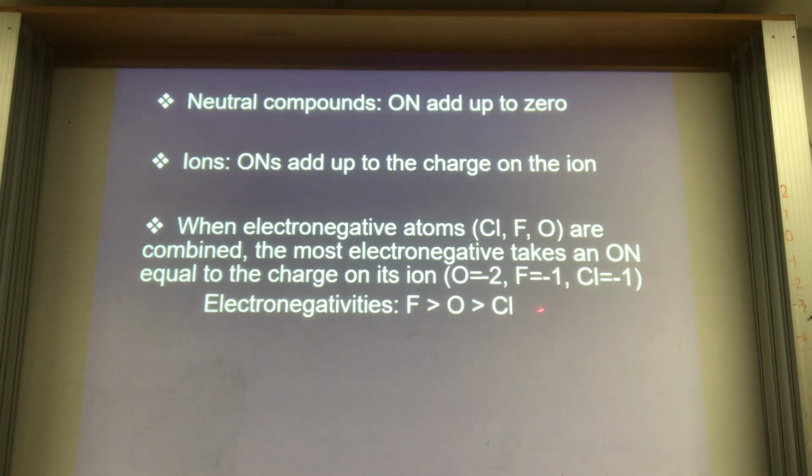Remember that fluorine is the most electronegative element, followed by oxygen, followed by chlorine. So if you've got a combination of fluorine and chlorine, fluorine's going to be negative, chlorine's probably going to be positive. Same as if you've got oxygen and chlorine. Oxygen will be negative, chlorine will probably be positive, and so on.